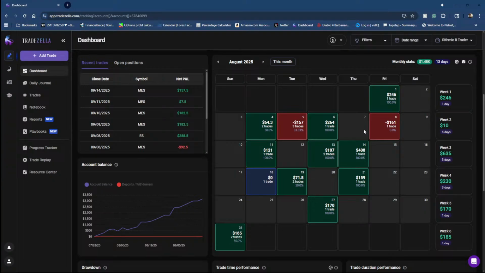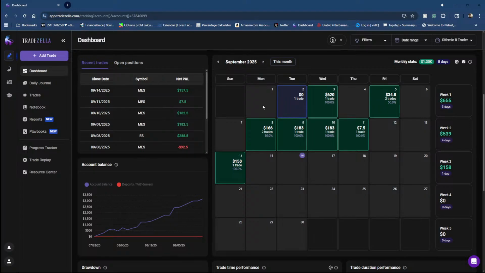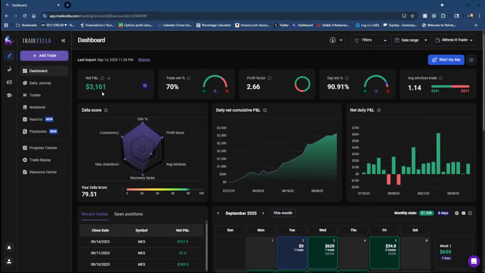This month, where I missed a lot of trading days, I made almost 1.5K. And then September, trading almost every day, made another 1.35K, for a total of 3,161 from a $2,000 account using only that strategy. That's how effective this is. This is like deadly. Okay.